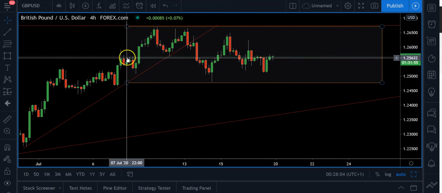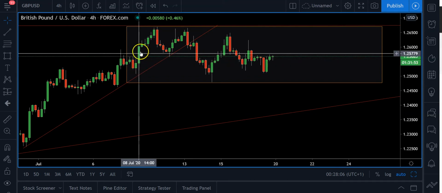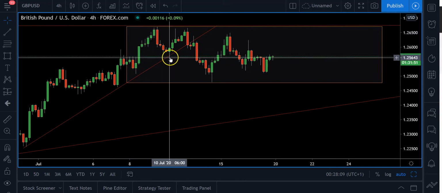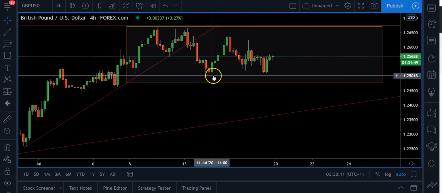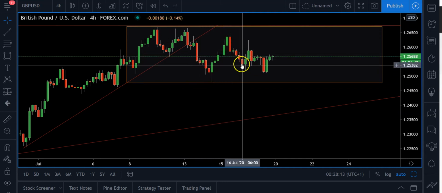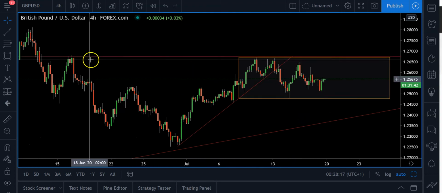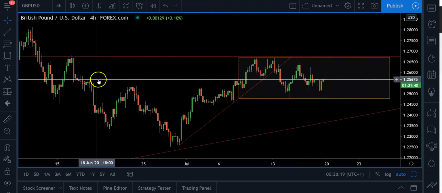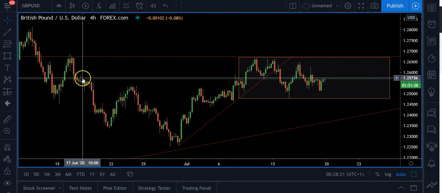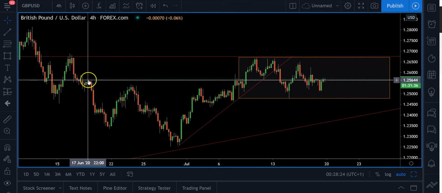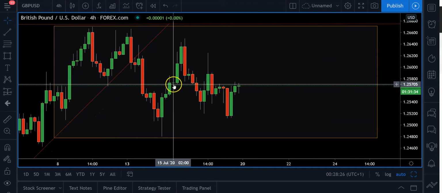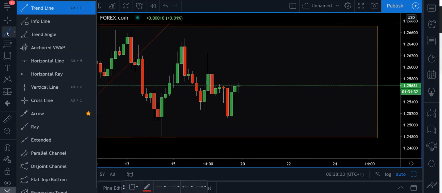Push down, push down, push down. It broke, tested again, broke, tested, came back up, tested, broke, tested, tested, tested. So it's a strong zone. As you can see, even back here, it's been testing. So this is a very strong support resistance zone.